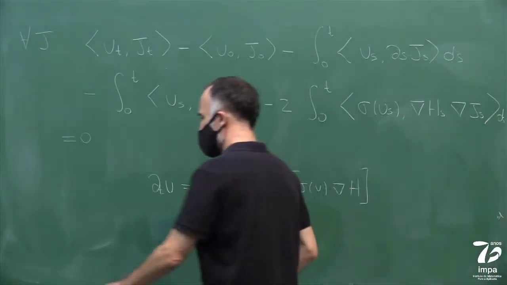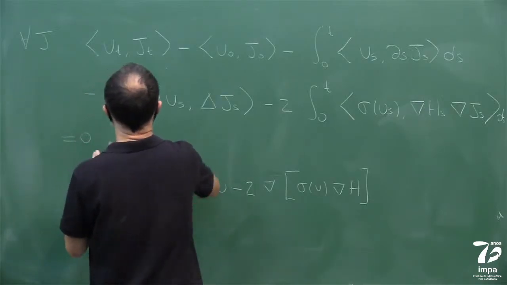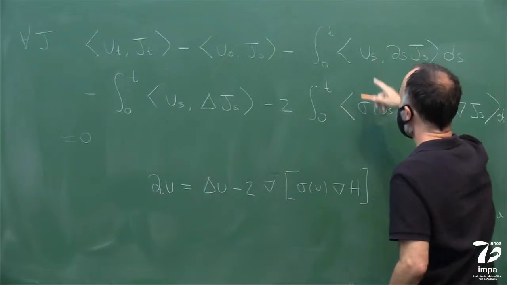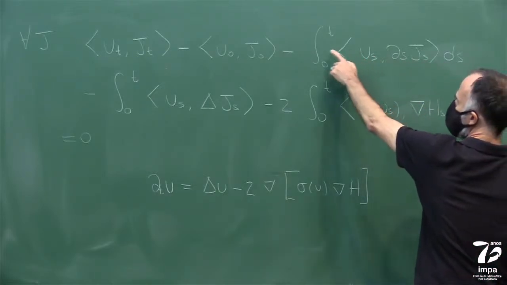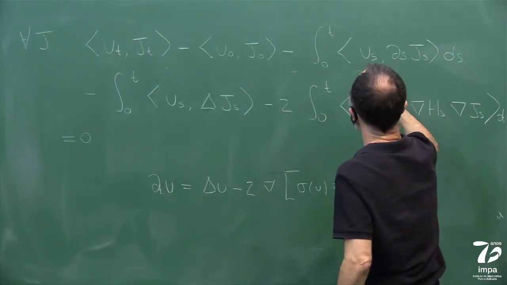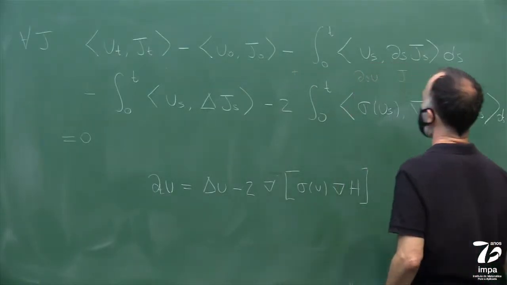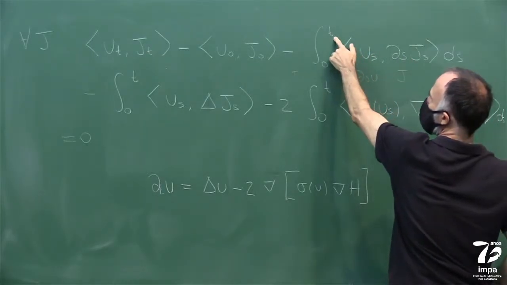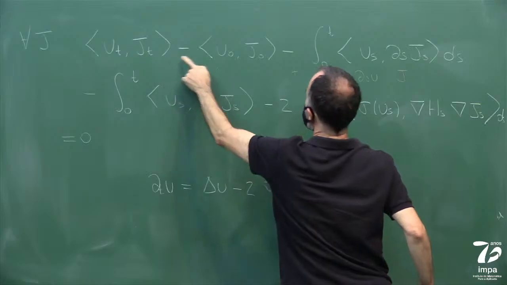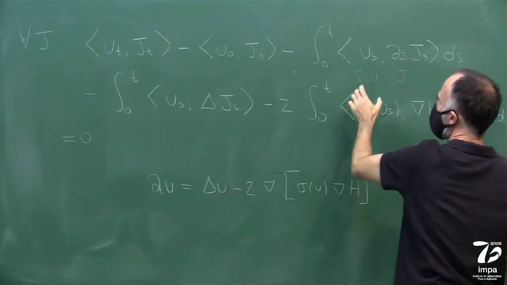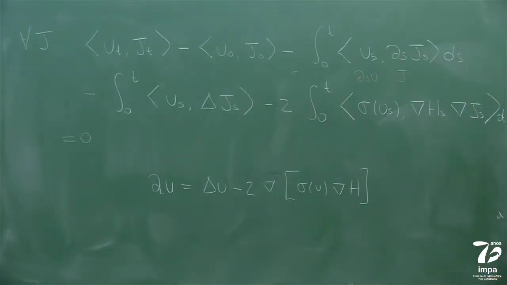This term I'm integrating by parts in time, so this minus will become a plus. Here I have ∂_s u, and here j. And the boundary terms will be u j at time t, with a minus, which will cancel this, minus u j at time 0, which will cancel that one, so that one will remain.